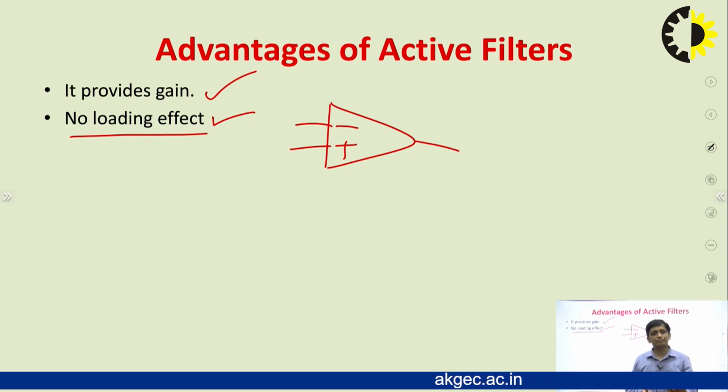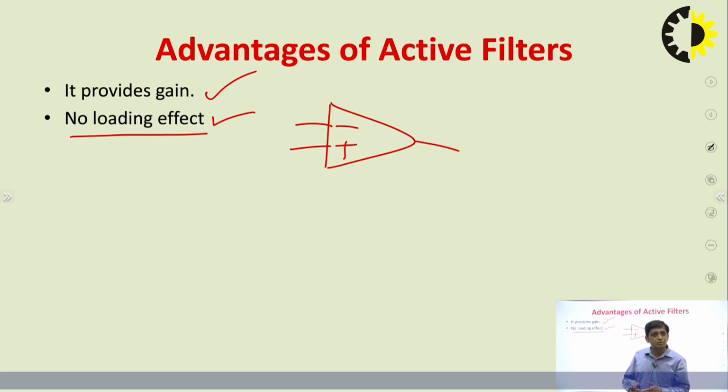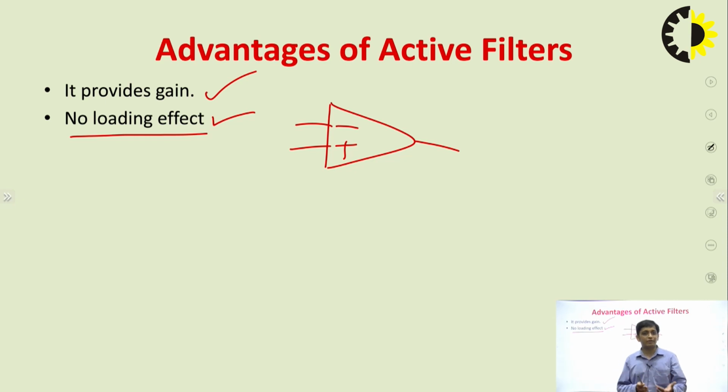That drawback means the bandwidth and the slew rate of the op-amp are limited. If the bandwidth and slew rate are limited for the op-amp, then they will also be limited for the active filters in which we are going to use this op-amp.